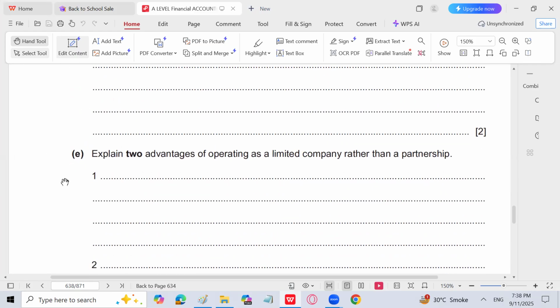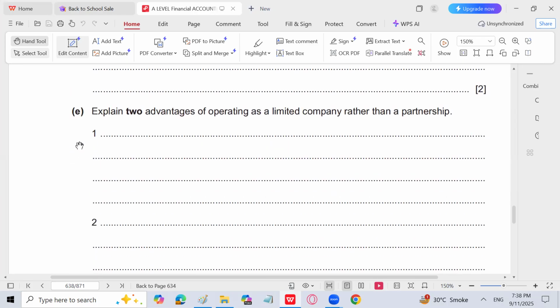Explain two advantages of operating as a limited company rather than a partnership. First, it has limited liability. Shareholders have limited liability to the extent of the shares held by them. Then we have large scale business, more capital, more market share. And the company has perpetual succession and a common seal.